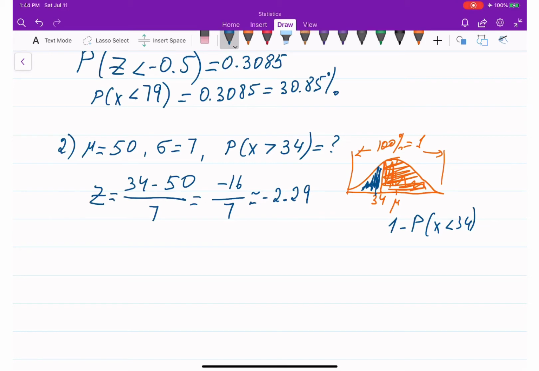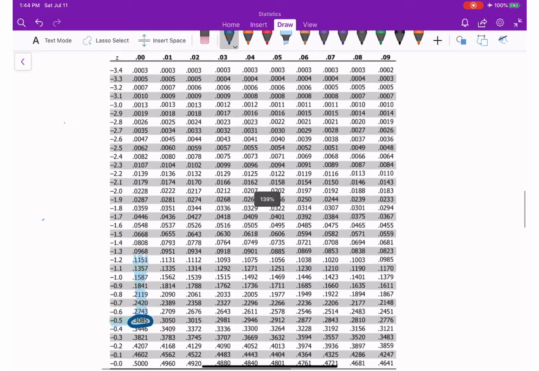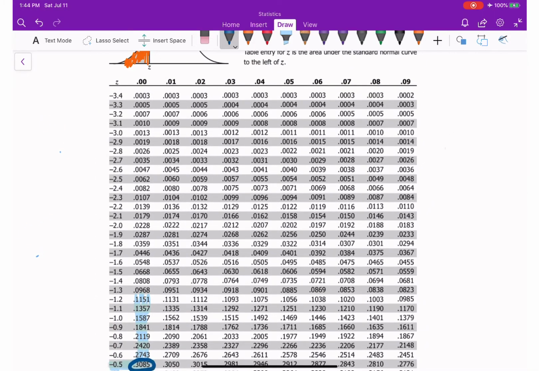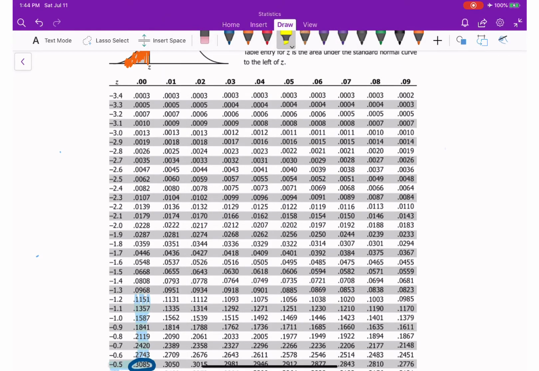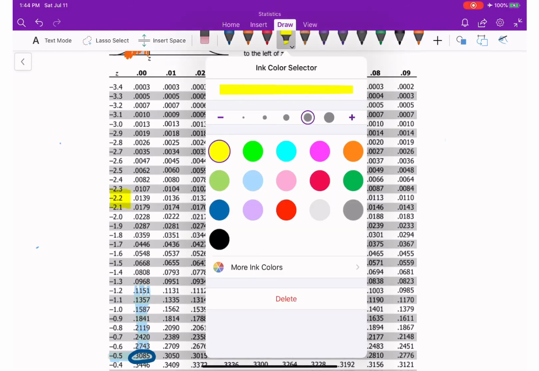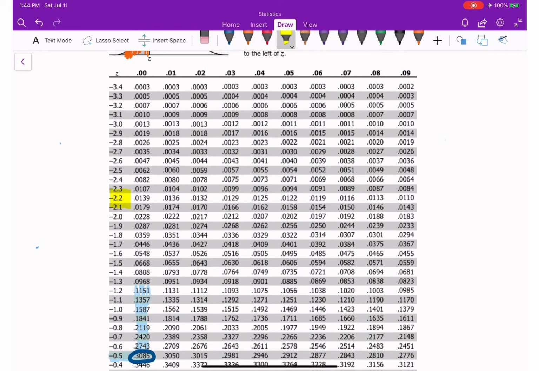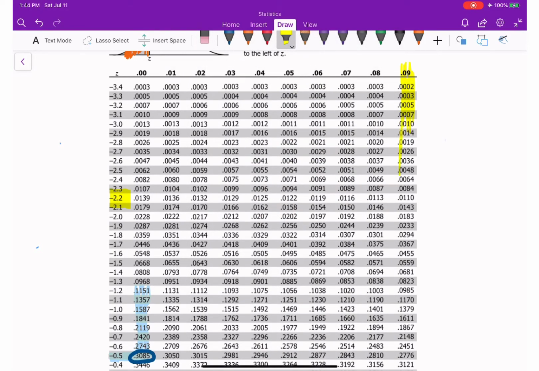Okay, negative 2.29. Let's see where we get. This is 2, and here is my 9.